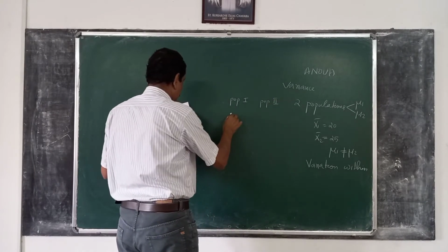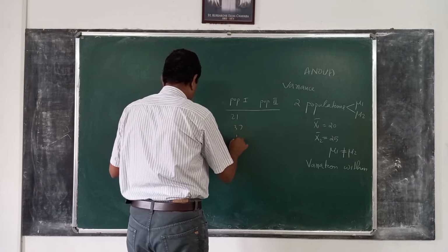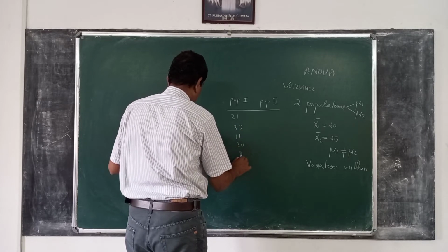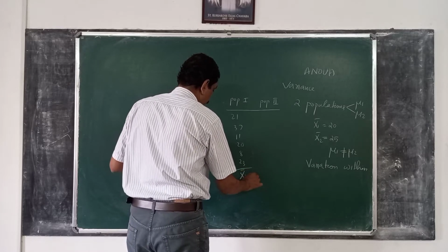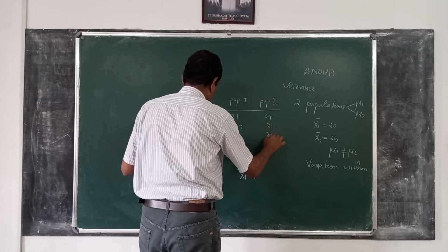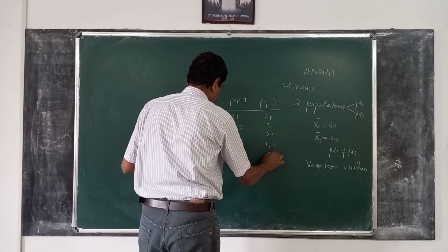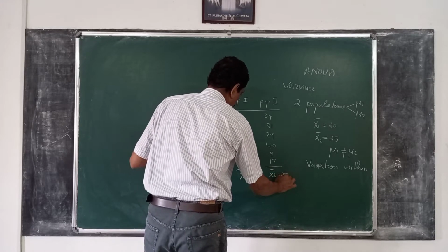The samples are 21, 37, 11, 20, 8, 23. X bar 1 is equal to 20. Then 24, 31, 29, 40, 9, 17. X bar 2 is equal to 25.